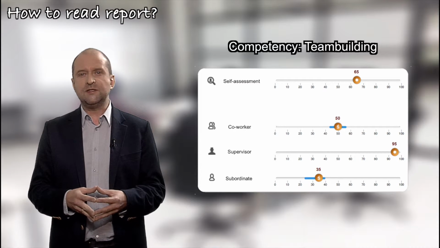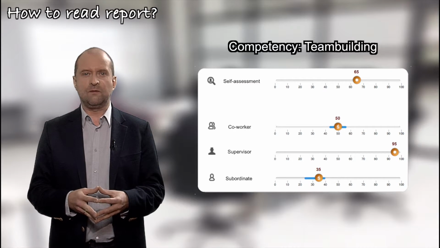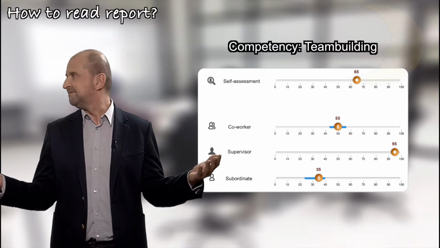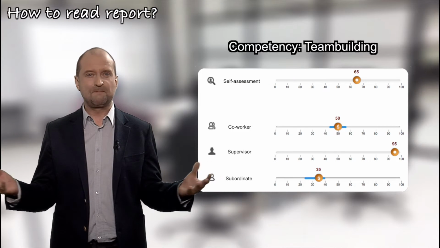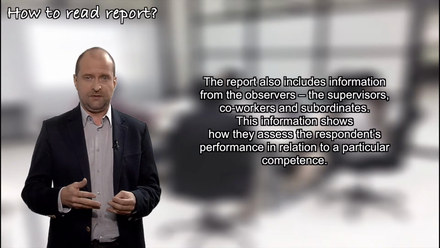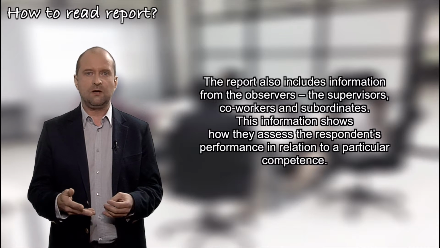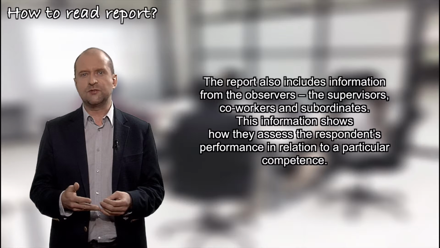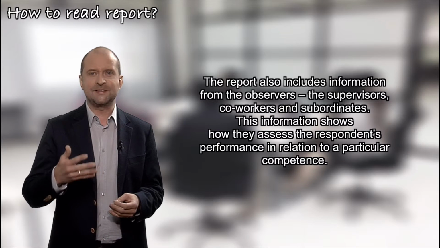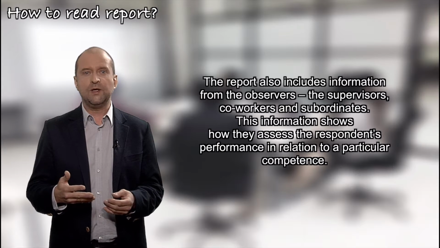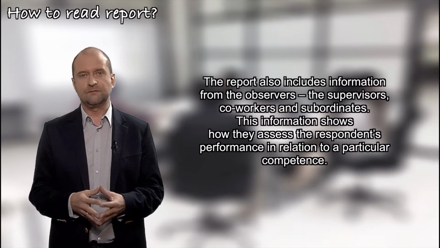As you can see, it is a scale derived from the company reality and not from the moon. The report also includes information from the observers, their supervisors, co-workers, and subordinates. This information shows how they assess the respondent's performance in relation to a particular competence.